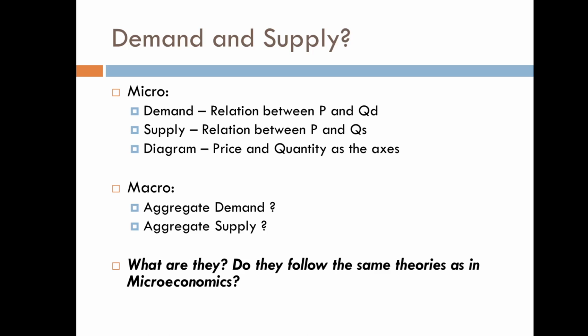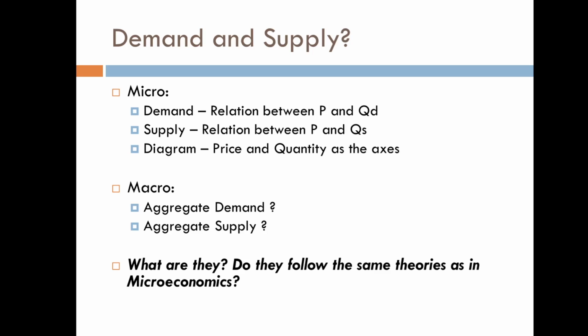When we talk about aggregate demand and supply, why do we have to use GDP on the x-axis? Or more accurately, real GDP. Think about this. Before, when you were talking about micro demand and supply, it was just about one good, let's say a pineapple bun.